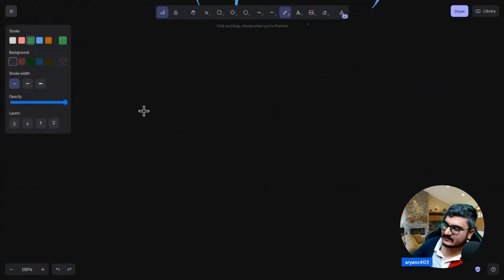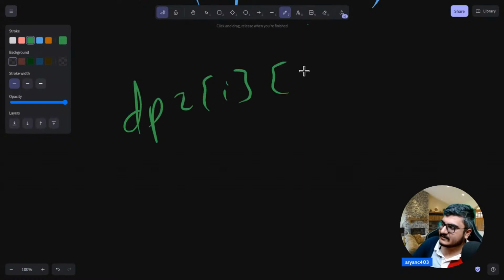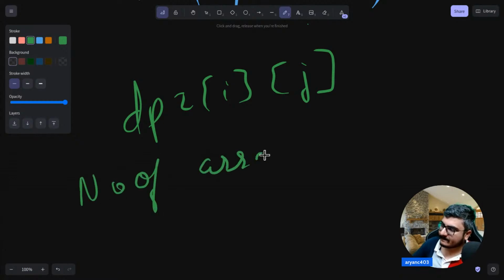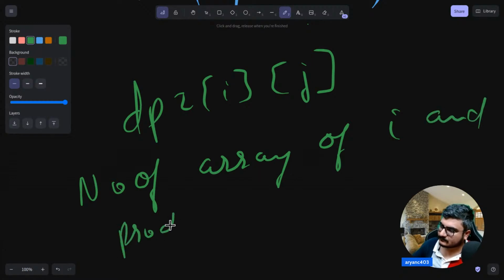Now let's say I have a new DP2 ij, which denotes the number of arrays of length i and product j, and all numbers are greater than or equal to 2.